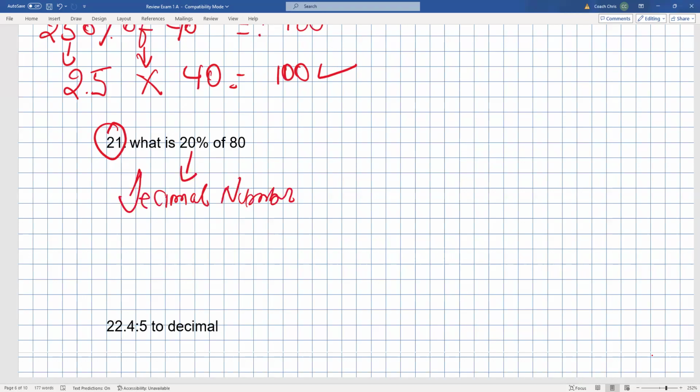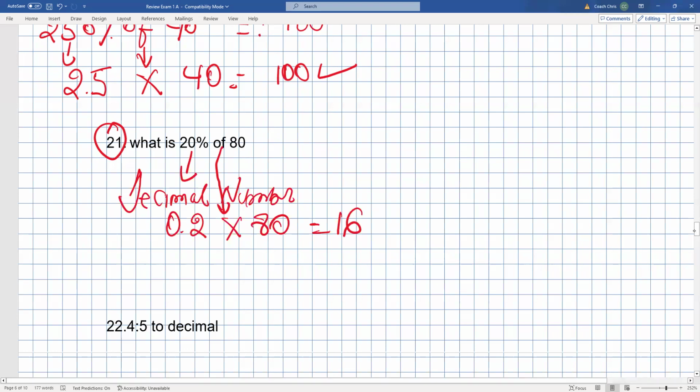All right. So once you do that, now you have 0.2. Convert the "of" to a multiplication, and multiply by the number after "of". So you multiply that by 80. You know, 20% of 80, the answer is 16. This answer right there is a whole number, it cannot have a percentage sign at the end.